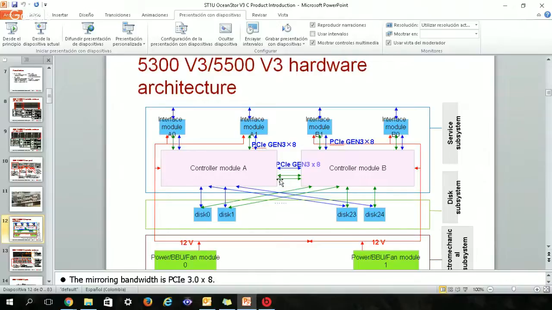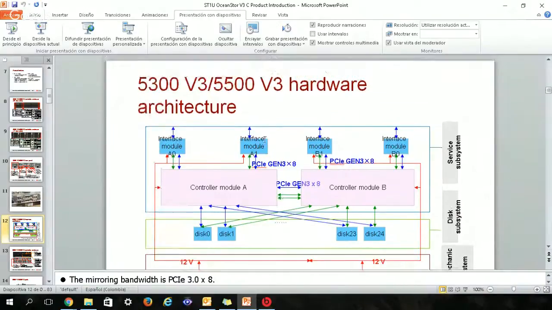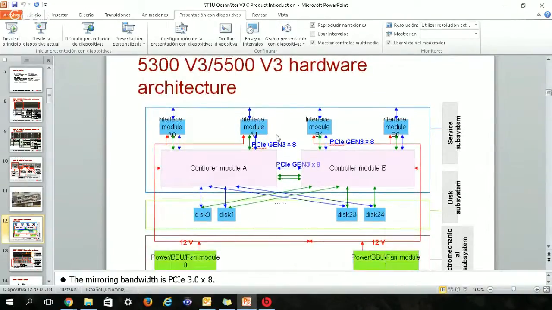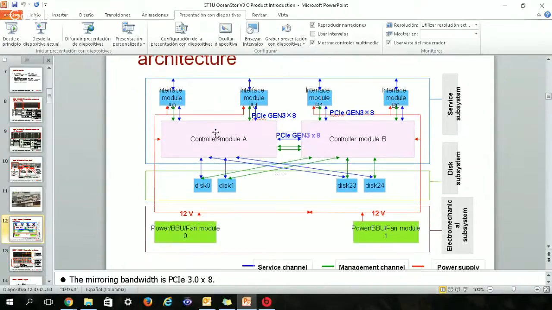So like I said, I was going to talk about hardware architecture, and in the hardware architecture we're going to see three colors here. We see the blue square up here, in the middle the green one, and on the bottom the black one.